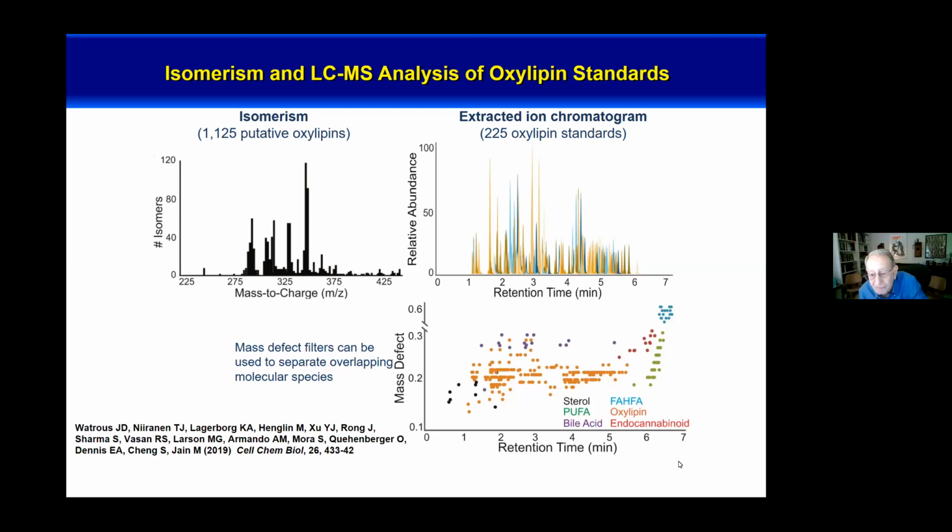We can identify and spread apart on an exact mass basis which oxylipins are sterols, endocannabinoids, phosphors, or bile acids, and therefore identify by color coding those that are likely icosanoids.